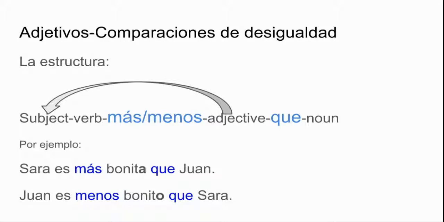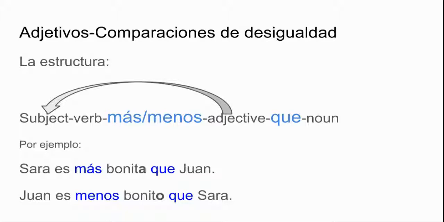La estructura, the structure. We have a noun, a verb. You're either going to use más for more on the adjective, or menos, then plus the adjective. Notice the adjective is going to agree with the subject of the sentence. And then que, this is than in English, and then another noun. Por ejemplo, Sara es más bonita que Juan.